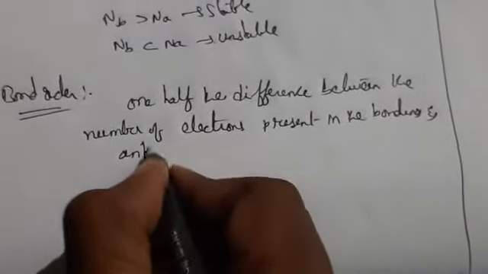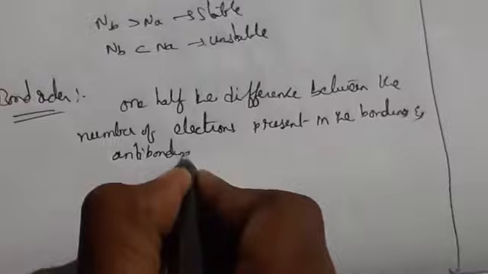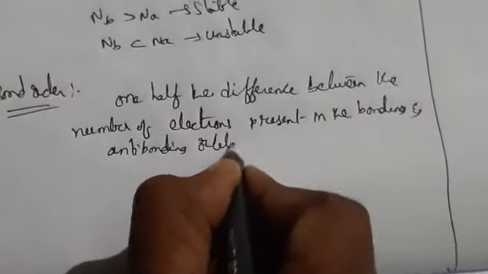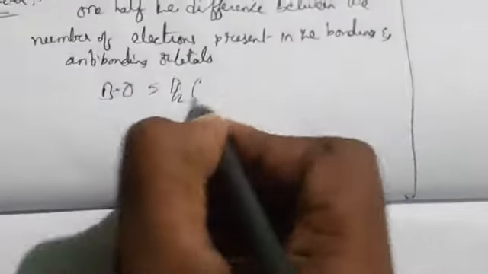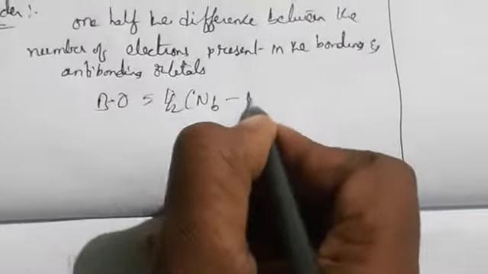So we can represent bond order as half into (NB minus Na). That's why we say if NB is greater than Na, it is a stable molecule. If NB is less than Na, it will be unstable, or we can say it is a zero molecule. Why? Because it will cancel and then NB equals Na we are going to get.